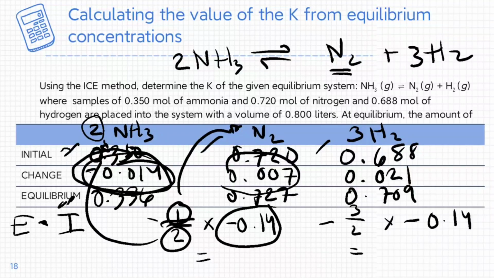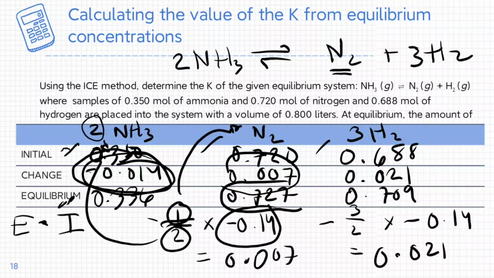Okay, so the computed value here is 0.007, tas sa kabila naman is 0.021. The equilibrium amount is initial plus change. So pag pinag-add mo yan, you will get 0.727, and then here is 0.709.